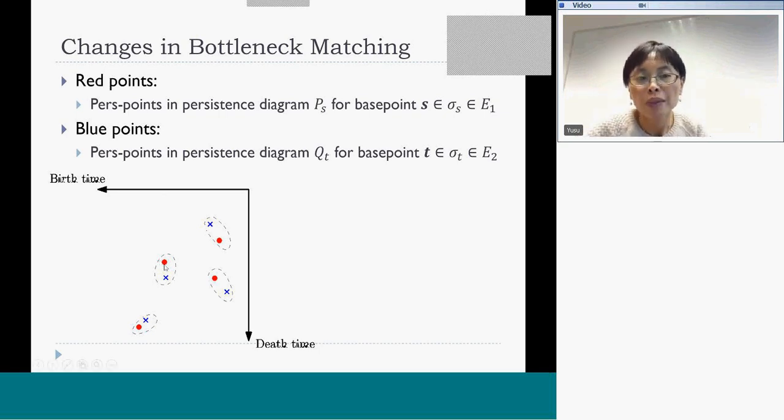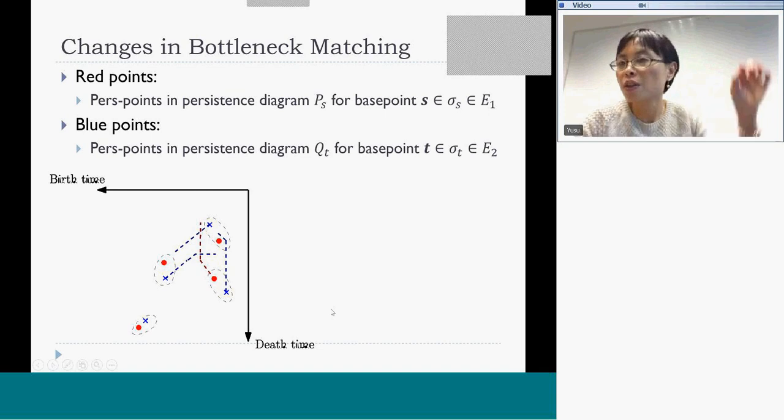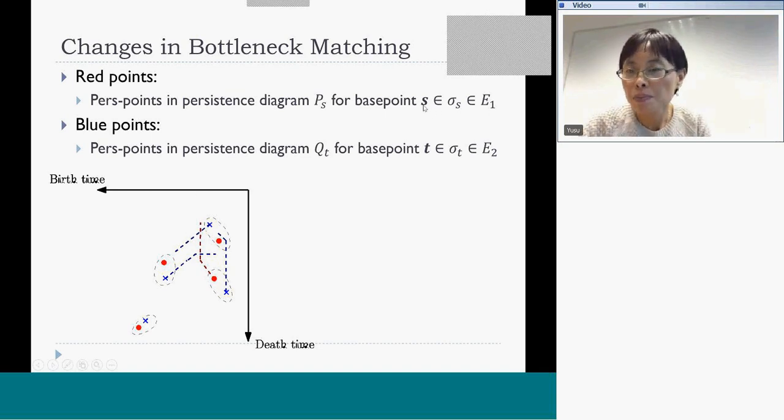Now, as we move the base points S and T, the current persistence points, both the red points and the blue points, will move, and their trajectories will be some polygonal curves. What I draw here is just the projection of the curves that we talked about earlier. So as the base point S moves, the red point follows some trajectory, and as the base point T moves, the blue point follows some trajectory.